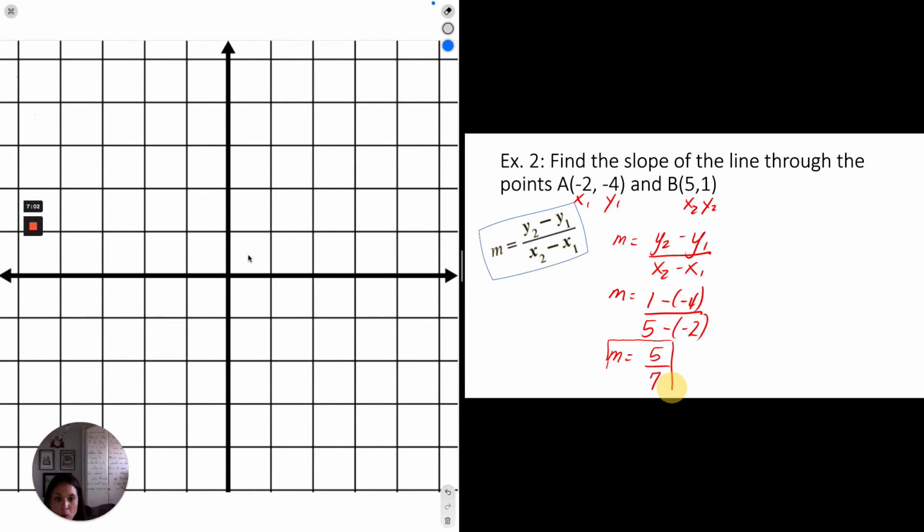So my first point is point A. We're going to start with -2 and go down -4. 1, 2, 3, 4. And then point B is +5, 1, 2, 3, 4, 5, and up 1.